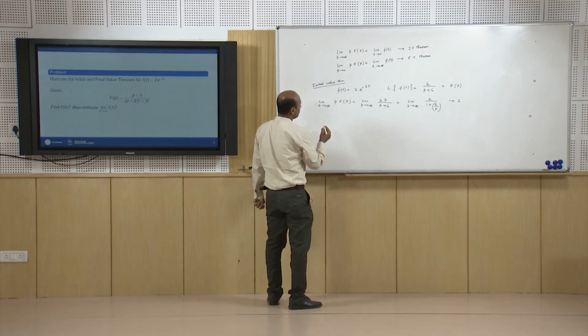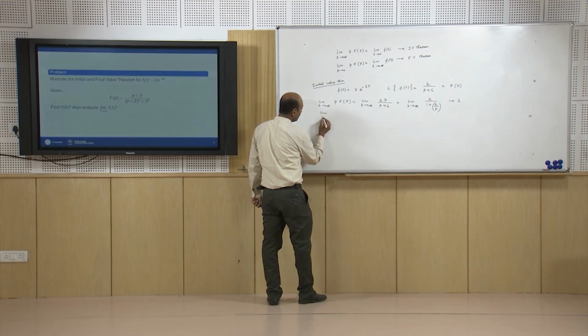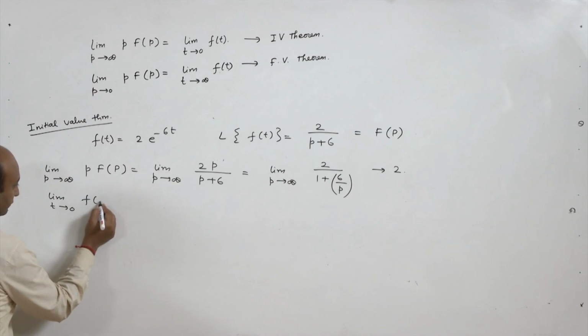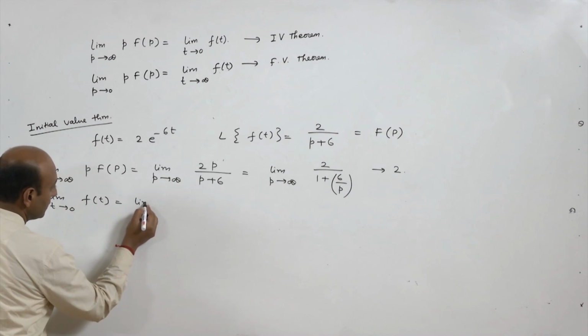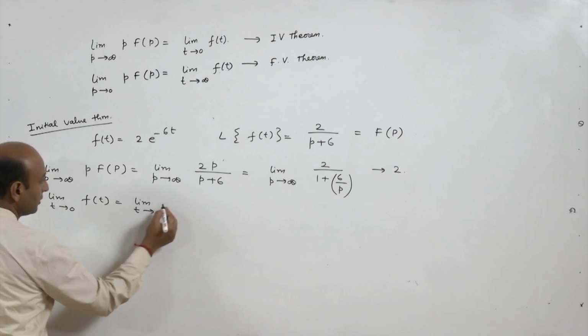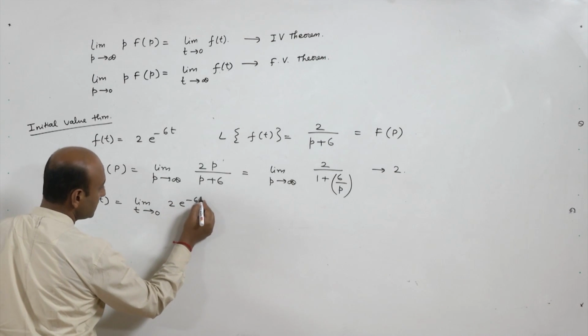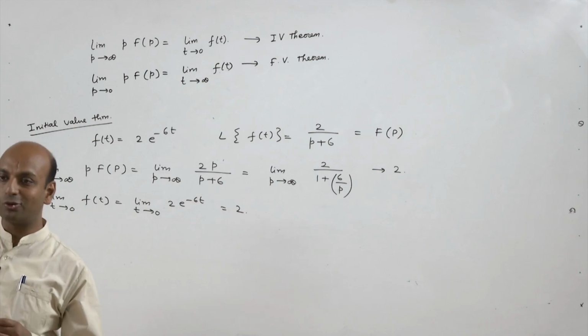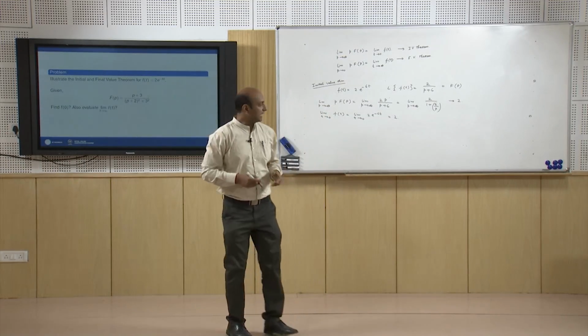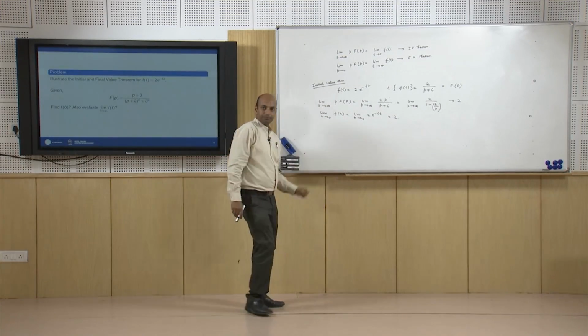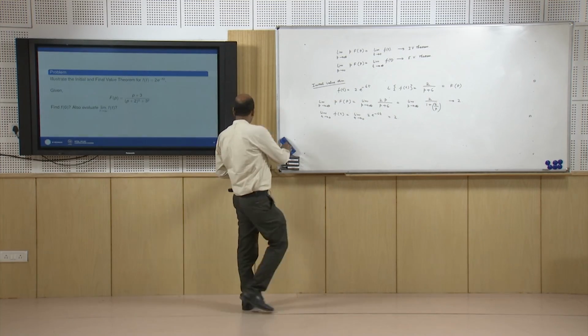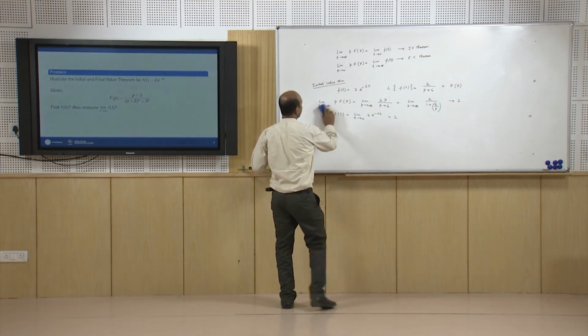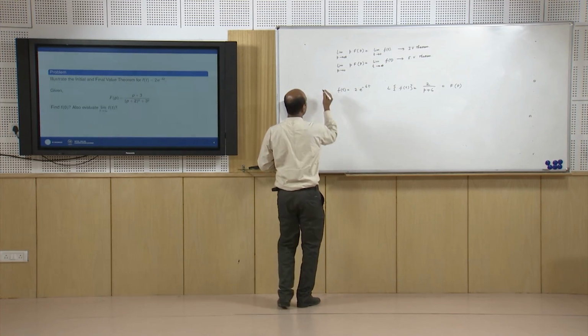Now the right hand side, limit t tending to 0 f(t). So limit t tending to 0, what is f(t)? 2 e to the power minus 6t, so it is nothing but 2. So hence the initial value theorem has been verified, because left hand side is equal to right hand side. Now come to the final value theorem for the same problem.